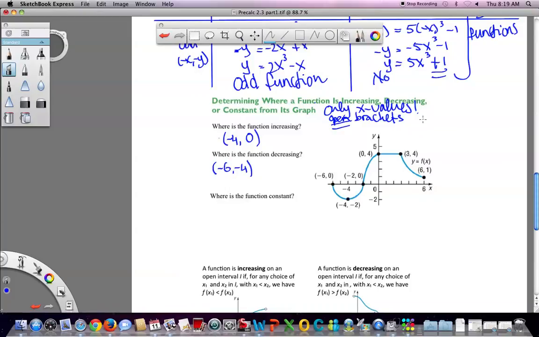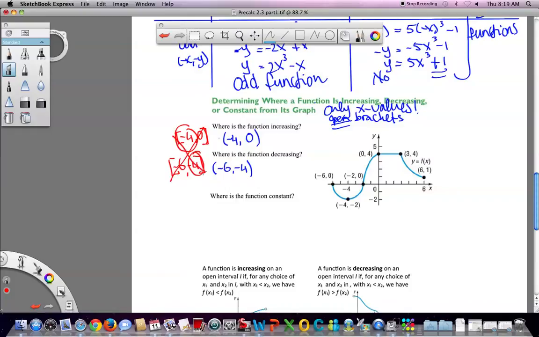So open bracket means that the number is not included. So if you had used square brackets there, trying to indicate that at negative 4, so including negative 4, and then here also negative 6, and I probably should have had this square then, negative 4, you would be telling me that at negative 4 the function is both increasing and decreasing, and you can't be both at the same time.